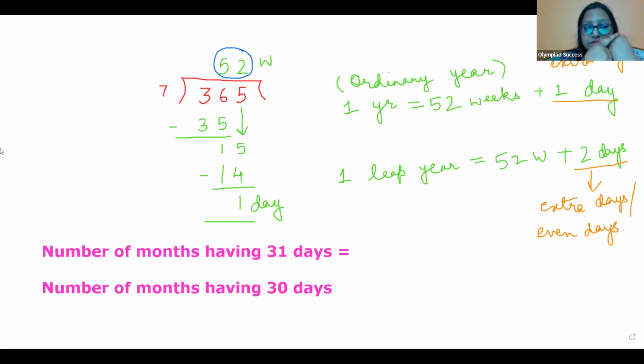Do you know the knuckles one, how to go with the months? No? Okay.